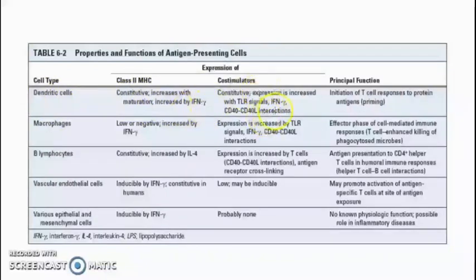Co-stimulator expression is constitutive and is increased with toll-like receptor signal, interferon gamma, and CD40 ligand interaction, and the principal function is initiation of T cell response to protein antigen. This is a priming function because it enhances the naive T cell to be turned into an effector cell.